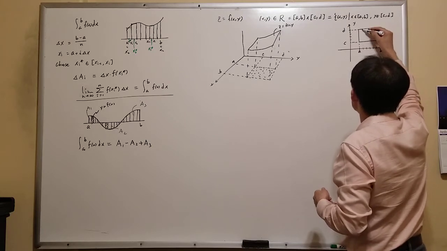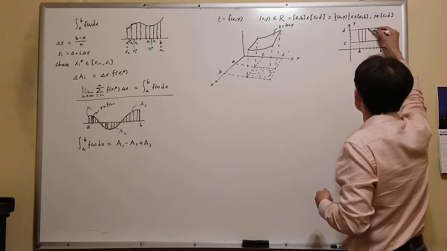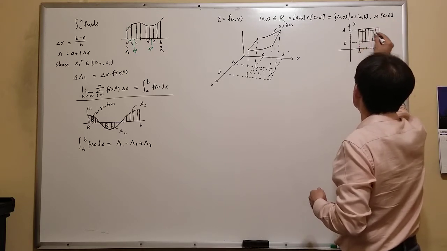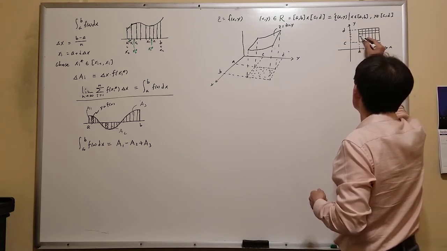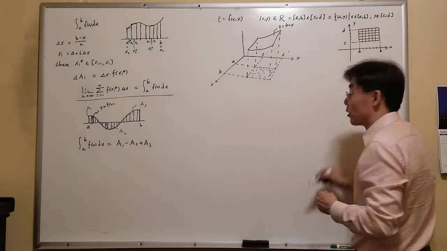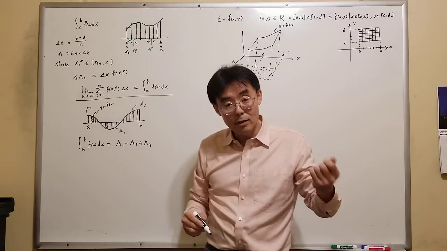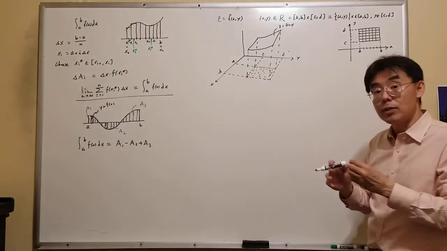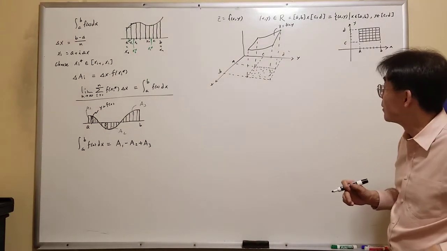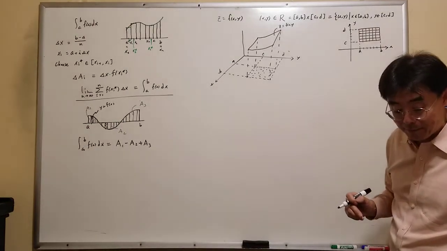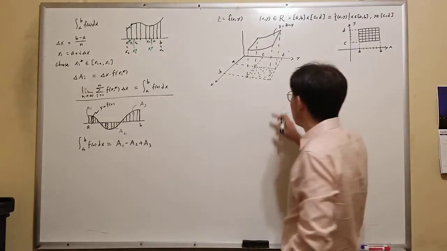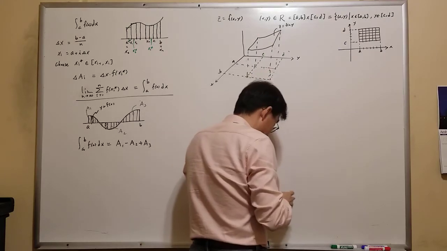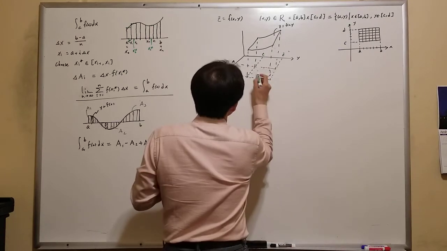Then you get this and this. So you partition along x and y, so you will have subrectangles. Partition into equal size, uniform subrectangle partition. Alright? So you will have those partitions here. Use a different color.